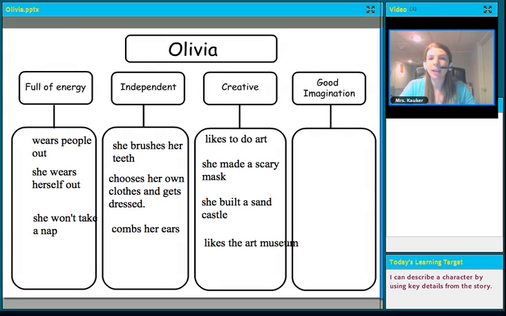Can you think of textual evidence that describes how Olivia has a good imagination? I'm going to put it up on the board. I want you to write it for me. You're going to do this one by yourself. We did the other 3 together. Okay? So how does Olivia have a good imagination?